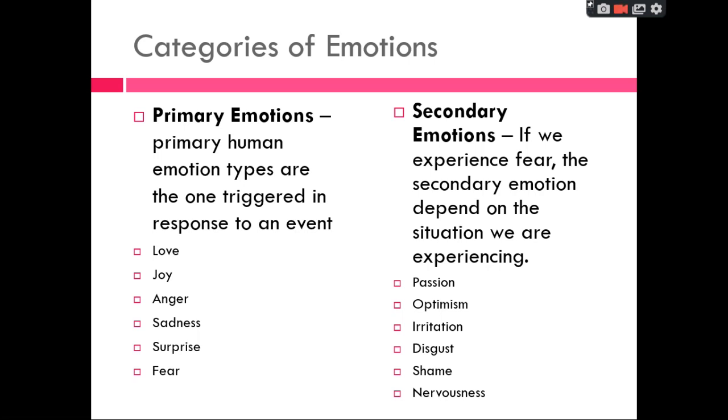You are ashamed of yourself, and that is the primary emotion. After that, you get angry with your teacher, which is actually a secondary emotion, because you felt like you do not deserve that kind of disciplinary action or reprimand. So that is an example of secondary emotion. Other examples might be passion, optimism, irritation, disgust, shame, or nervousness.